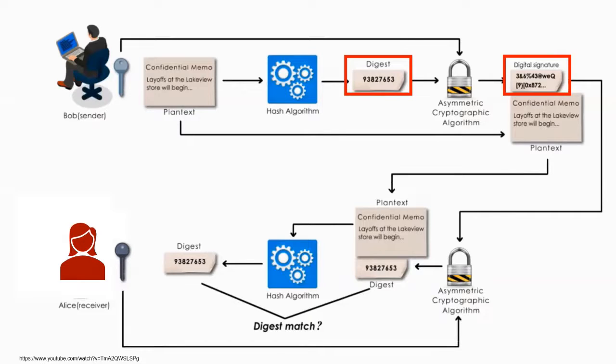So here it is important to know that the message is not confidential in this case. So having digital signature does not give us confidentiality. If we want confidentiality, the sender, for example, Bob here, has to encrypt the message itself as well.